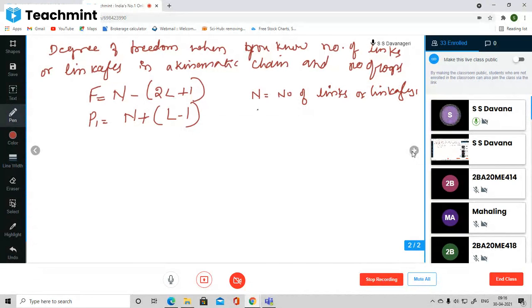Okay. L stands for the number of loops it is going to form in a chain or linkage. Okay.